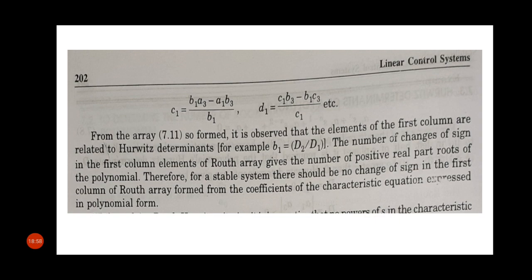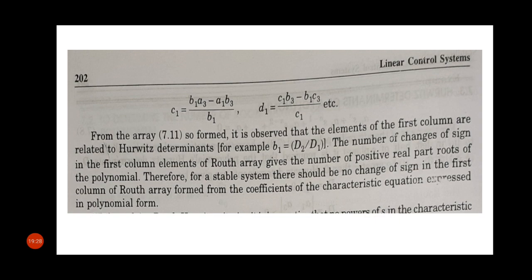So there are two necessary conditions. First, none of the coefficients of the characteristic equation should be missing or 0. If any coefficient is missing, we cannot analyze the stability of the system by Routh criteria. Second, all the coefficients should be real and should have the same sign.